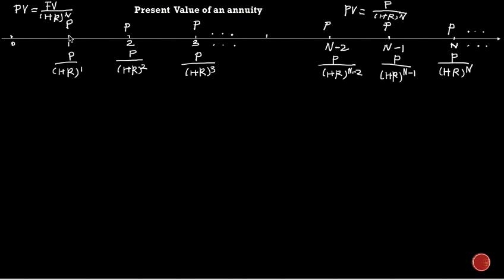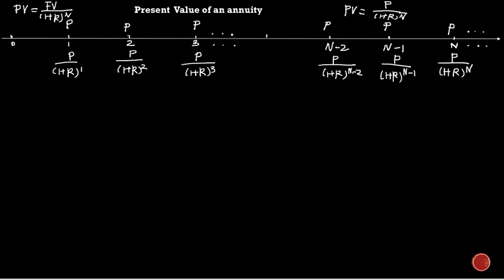So let's look at the first payment. First P, we put in at the end of the first period. So what is the present value of this P? Present value means we stand at this point of time and look in the future. The present value, we need to go back here.